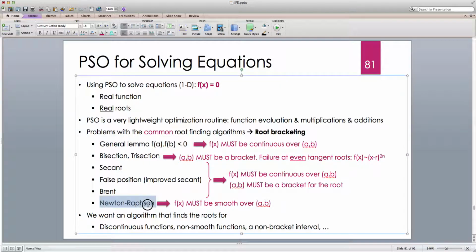And then we looked at the other methods that required calculating the derivative, which was Newton-Raphson or Newton's method, and we said that these could be faster than the previous ones because they rely on the gradient. But again, when you try to calculate the derivative, you have the condition that the derivative must exist. So that was one problem.